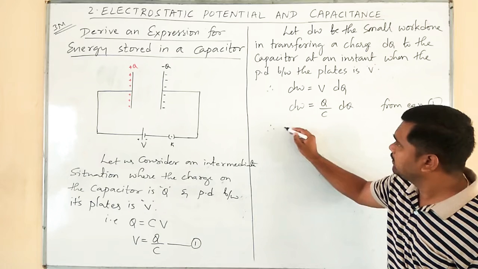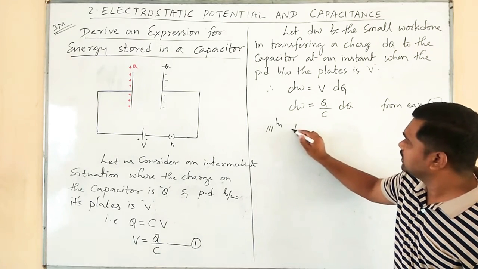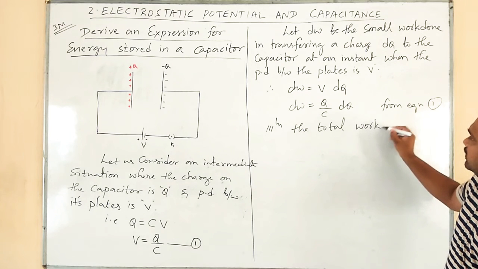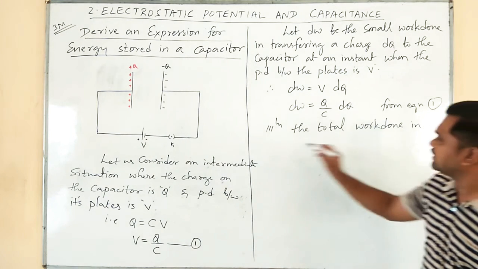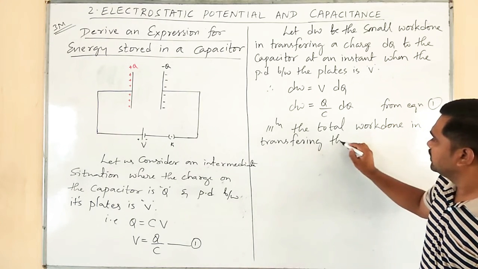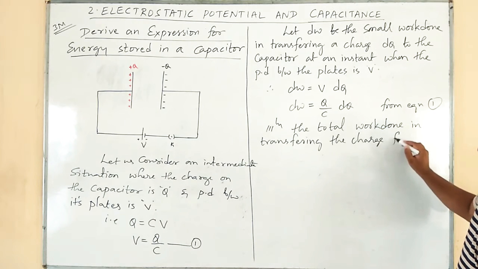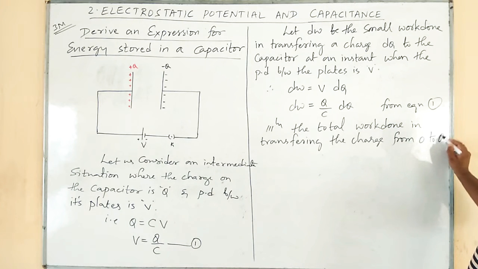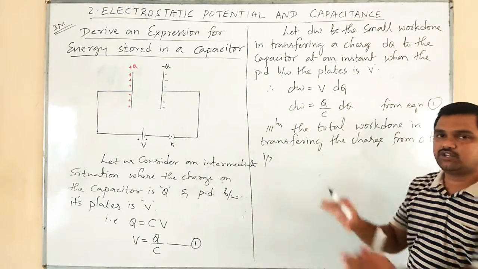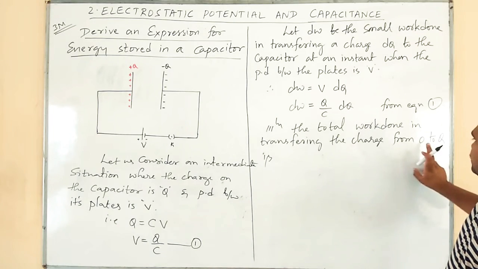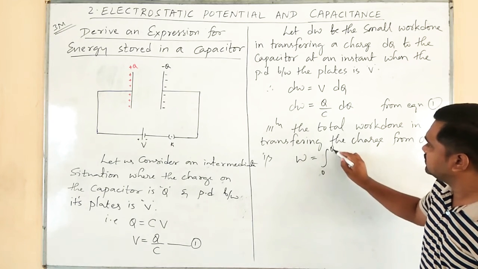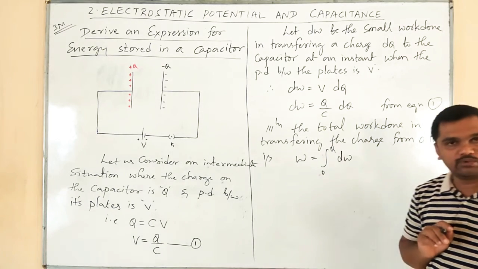Similarly, the total work done in transferring the charge from 0 to Q, that is, from no charge condition to the maximum charge condition, is given by W is equal to integral 0 to Q of dW.